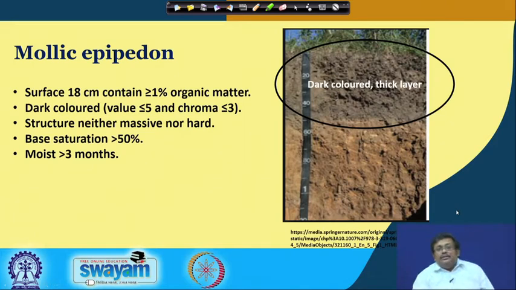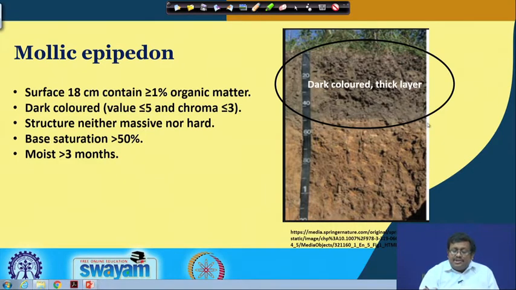Let us start with the mollic epipedon. This is the picture of a mollic epipedon. The most diagnostic feature of this mollic epipedon is its dark color and that it is a thick layer. So, if you see a dark colored thick surface layer, that is obviously a mollic epipedon.